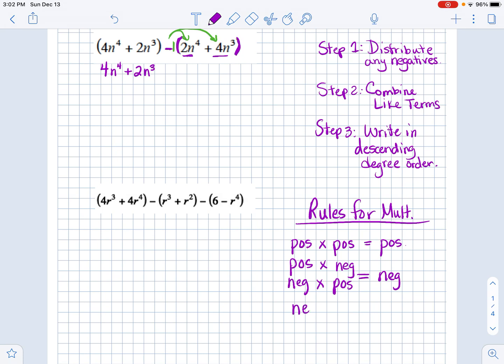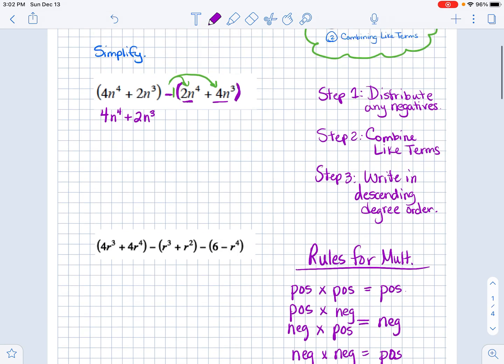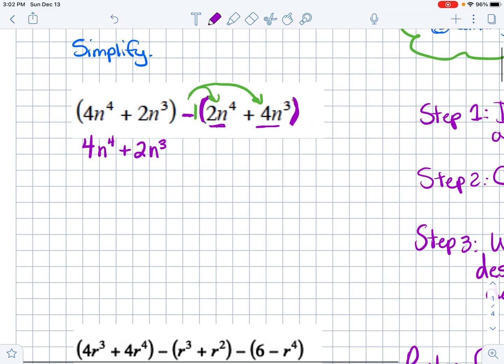And if we have a negative times a negative, that's going to be equal to a positive. So as we think about those rules moving forward, let's remember that when we multiply something by a -1, it's going to change the sign. So let's go back to our example.